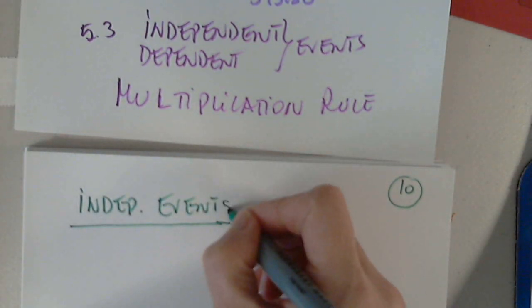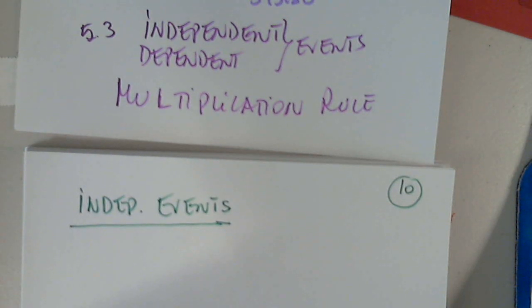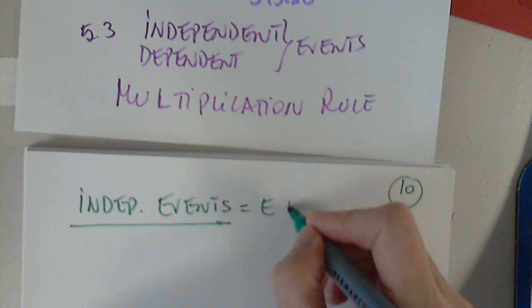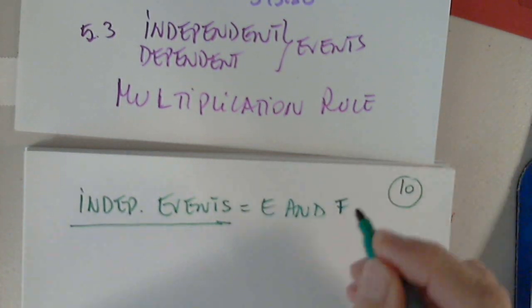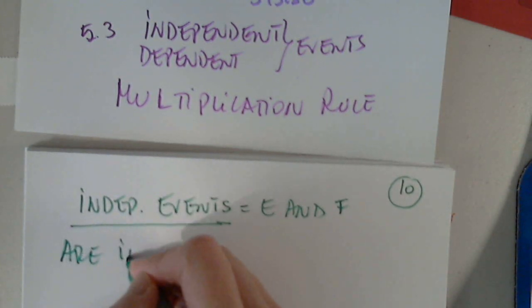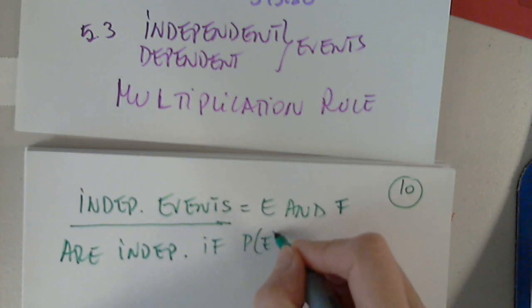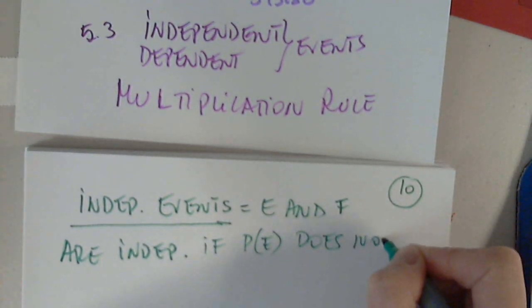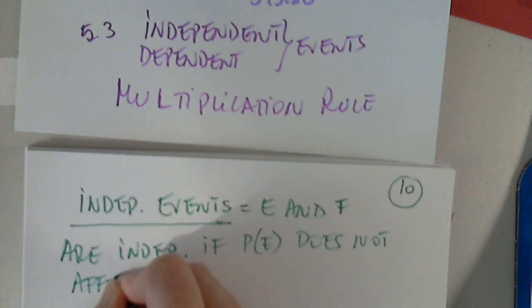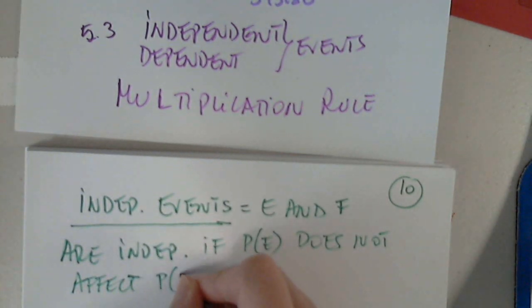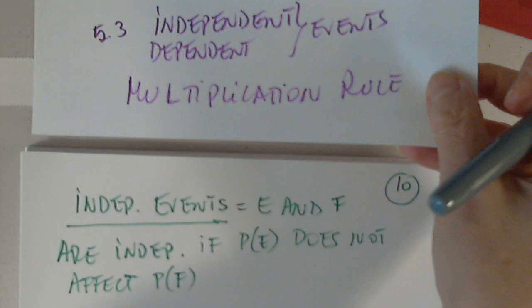What is an independent event? Two events are independent if the probability of occurrence of one does not affect the other. So I'll say E and F as events are independent if P of E does not affect the probability of F occurring.